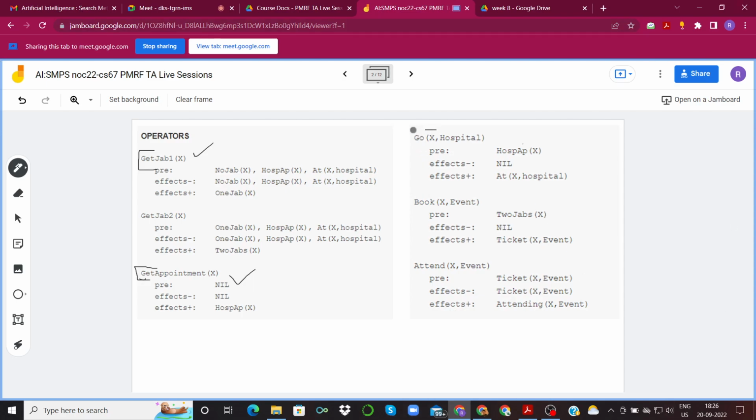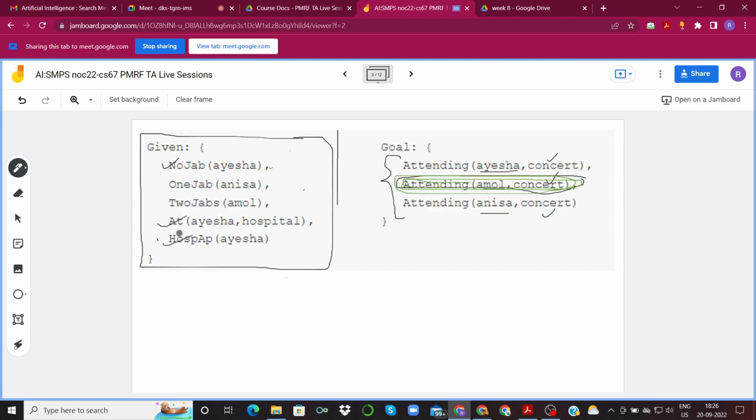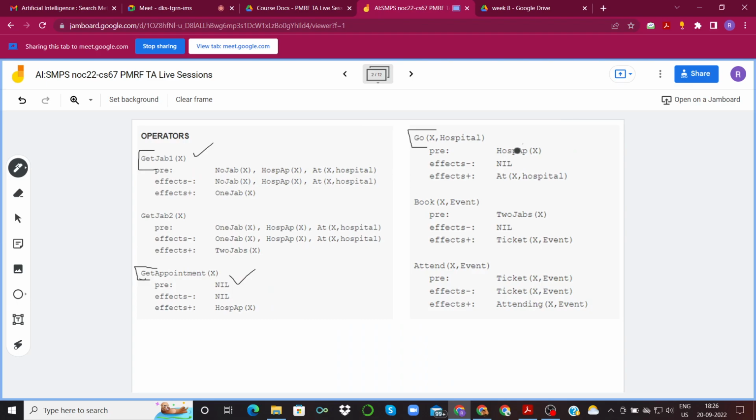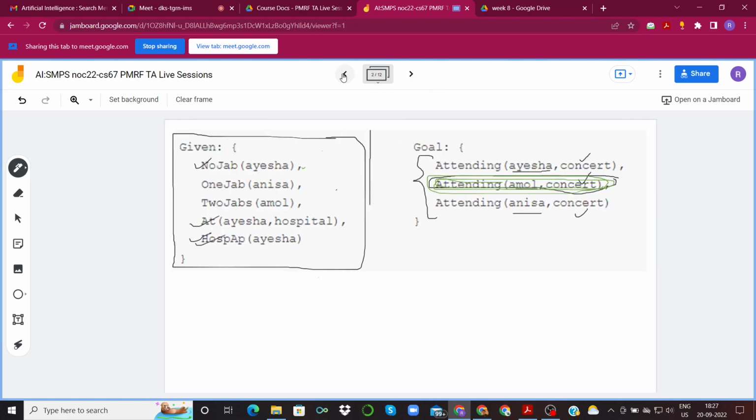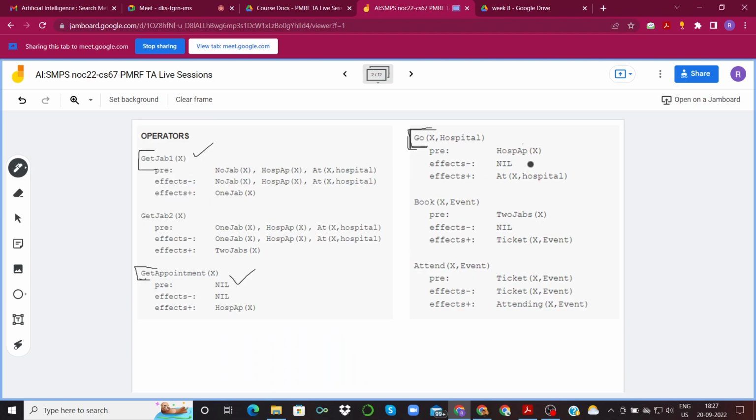And since we are also given that Aisha already has an appointment at a hospital, using that information as a precondition, we can also add another operator of Aisha going to the hospital. Although this is kind of redundant, because Aisha is already present at the hospital, still this is one of the possible candidates that could be applied, right? So for Aisha there are three possible ways that we could go ahead with.